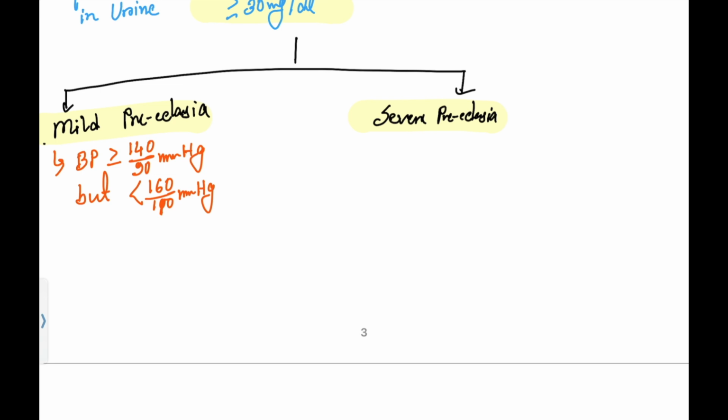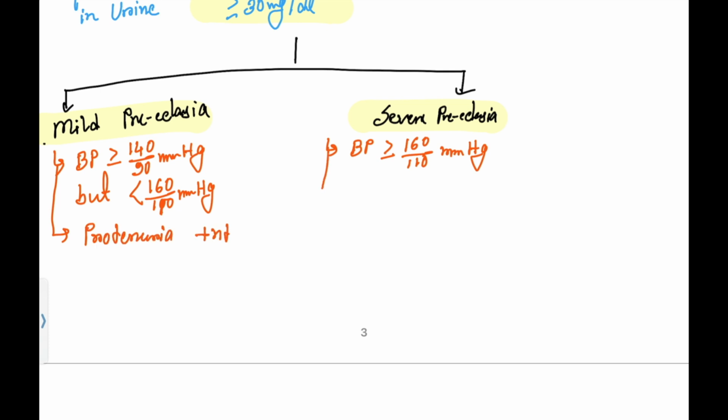So what will happen in severe preeclampsia? In severe preeclampsia, BP will always be more than or equal to 160 by 110 mmHg. Remember, proteinuria will be present in both.